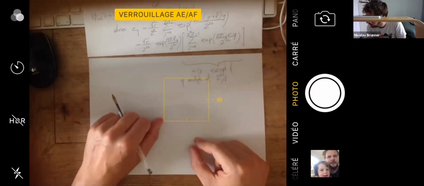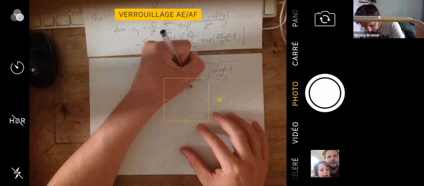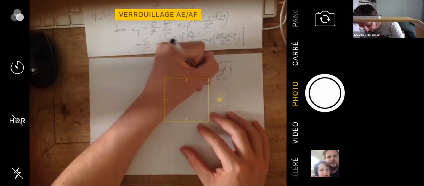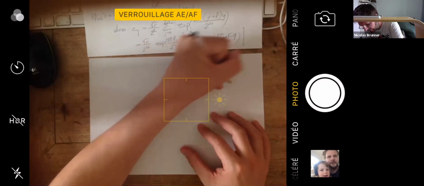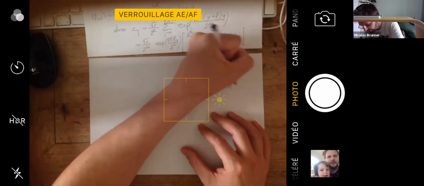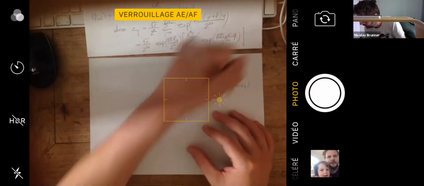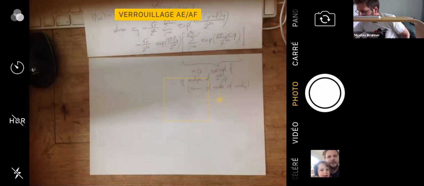So this is 0. This is a sum of the complex roots of unity. Okay, is that step clear?